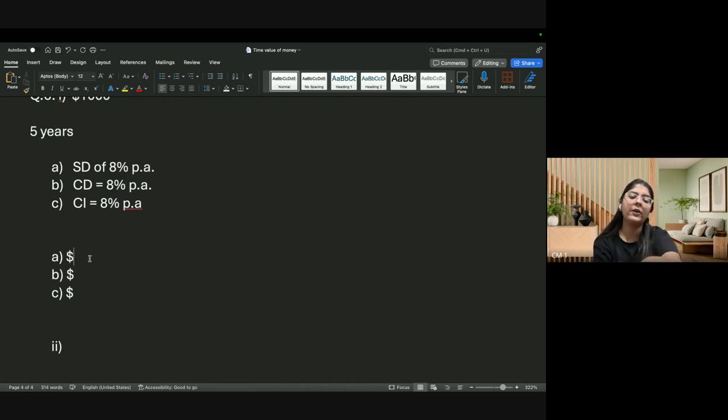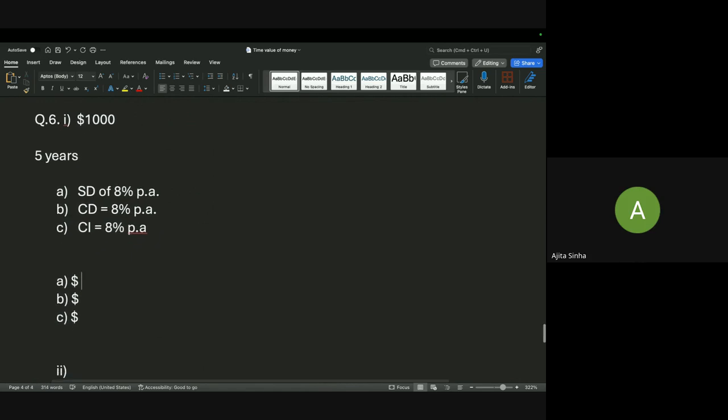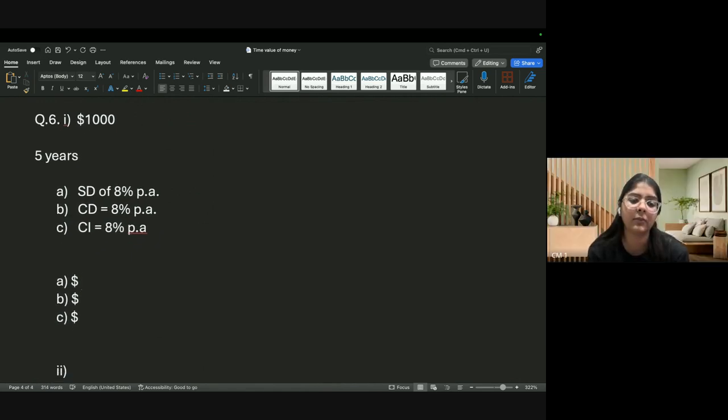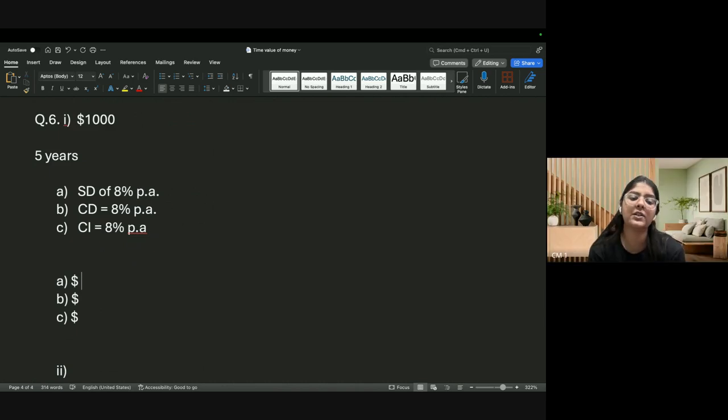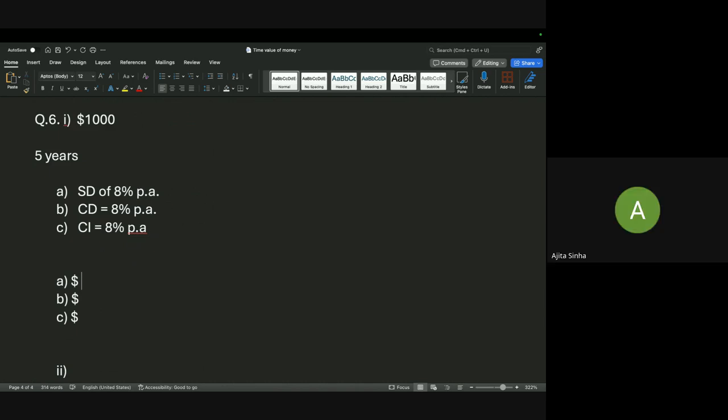No. How have you calculated? The equation is 1000 into... One second. It would be minus. Yes, because it is a simple rate of discount. Into 5. It's 600.